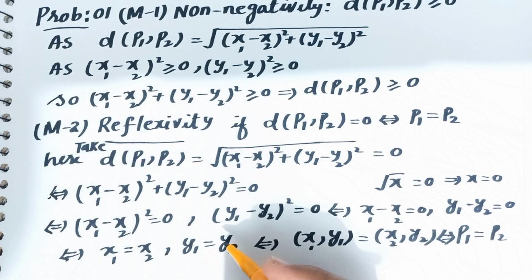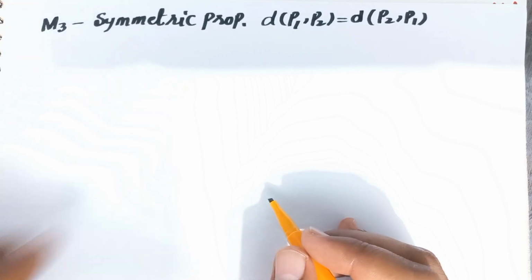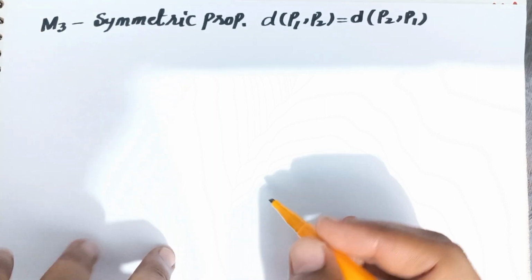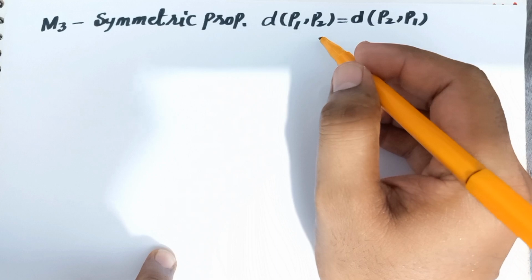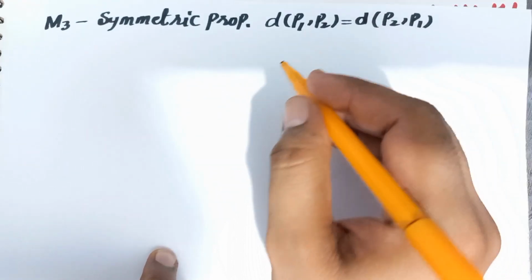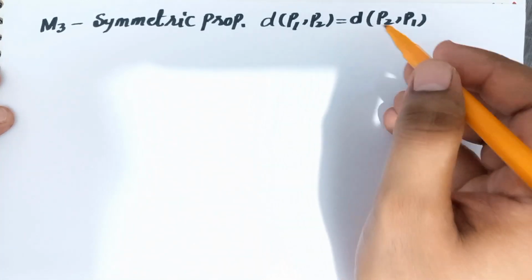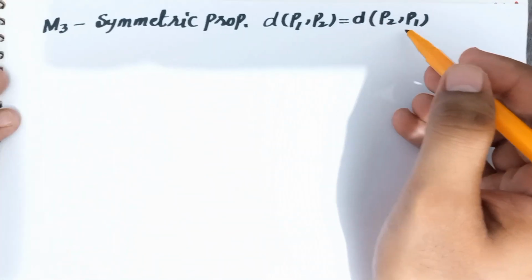Now we move to the third axiom of metric space. The third axiom of any metric space is the symmetric property. In this property we will show that the metric of points P1, P2 is the same as the metric of points P2, P1. That is, the distance measured from point P1 to P2 is the same as the distance measured from P2 to P1.